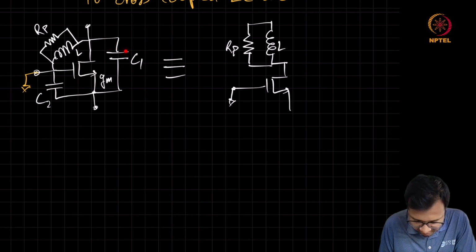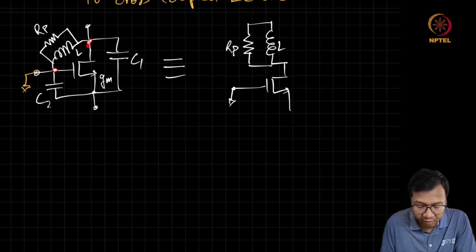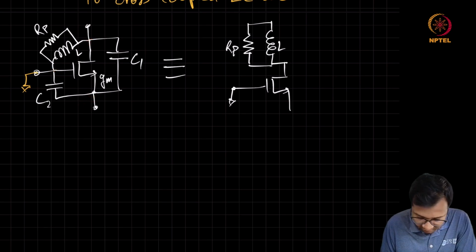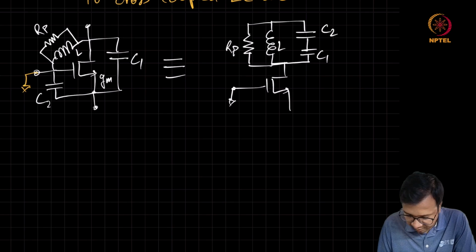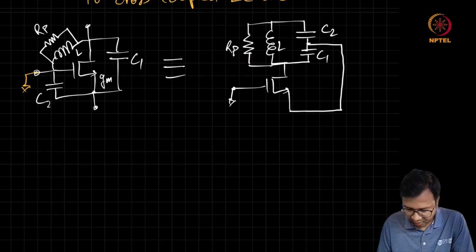And you can see that this C1 and C2 can be thought of as if they are providing some voltage division for a voltage between drain and gate. So in such a scenario, we can just redraw it as a capacitive divider like this. This is C1, this is C2. And this intermediate node is connected to the source, this manner.